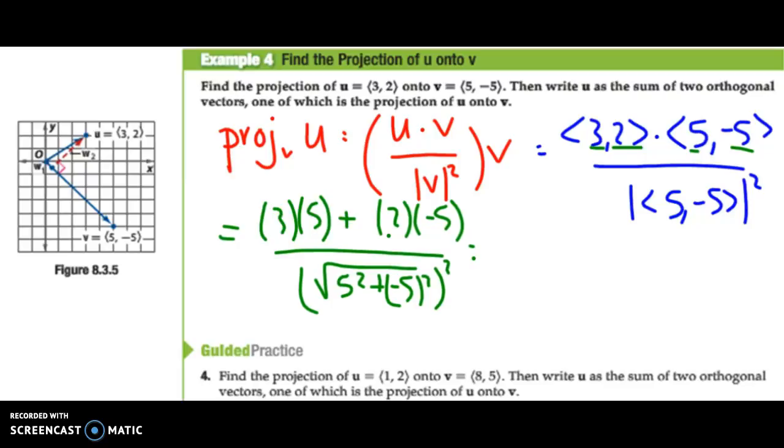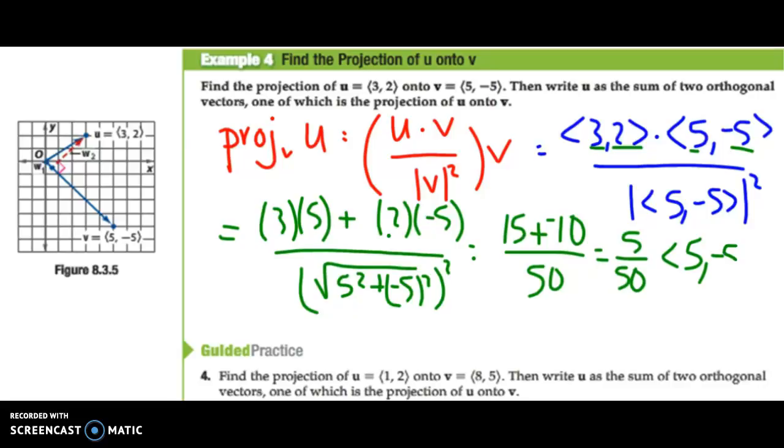So 3 times 5 is 15 plus 2 times negative 5 is negative 10, all over 5 squared is 25 plus 25 is 50. The square root of that squared is just going to be 50. And so I get 5 over 50 times my vector, which is (5, -5).